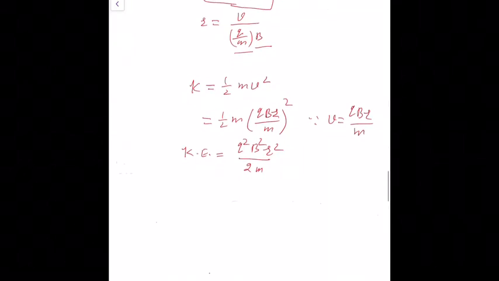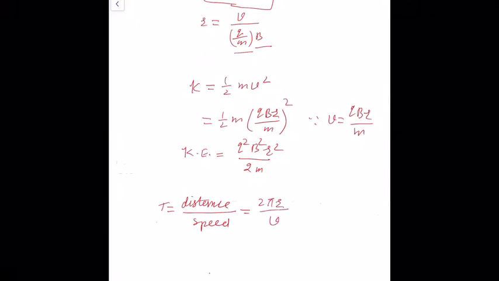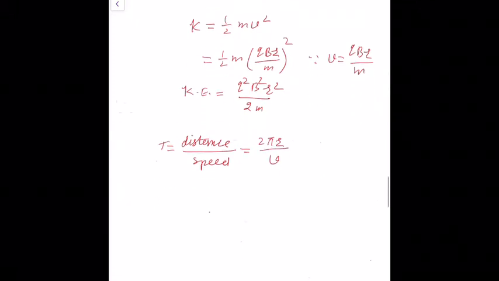and the time period of the charged particle to complete a circular path of radius r is given by T is equal to distance upon speed, or circumference upon speed, means 2 pi r upon v, or T is equal to 2 pi r upon v.